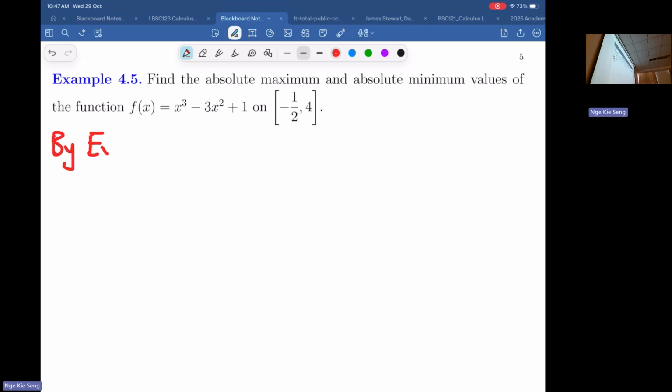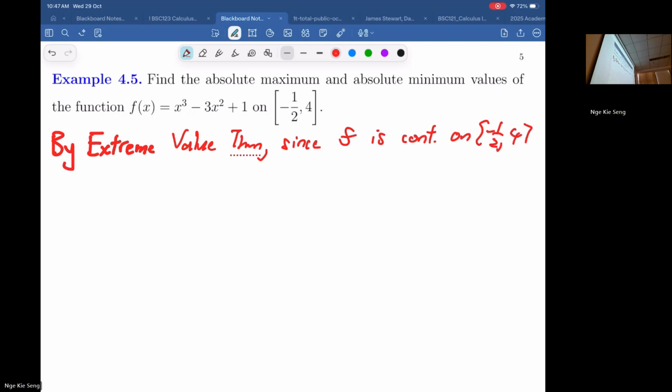By the extreme value theorem, since my f is continuous on a closed interval. Do you know how to see that f is continuous on this closed interval?